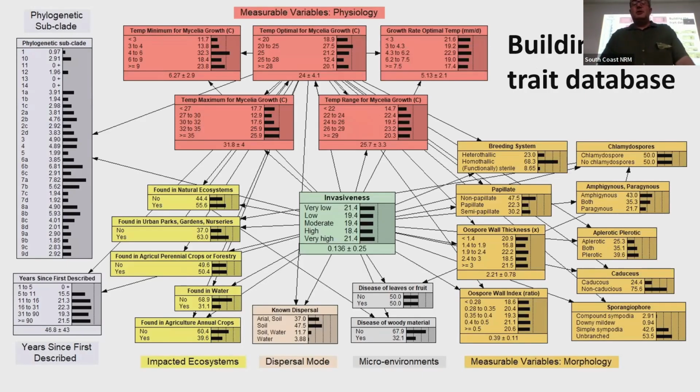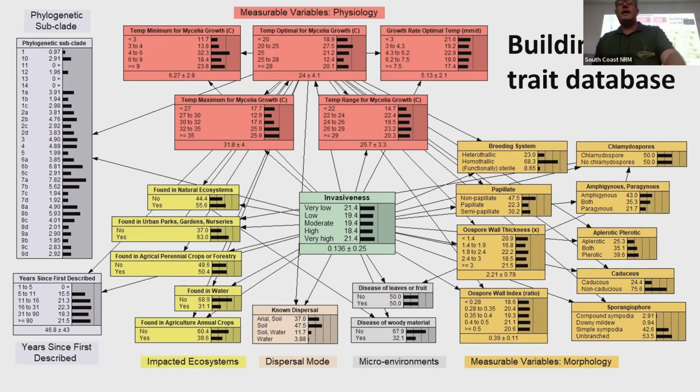And we produced this beautiful Bayesian network, which might not look like much, but this weird array of tables and figures, there's a hell of a lot of data and information behind this network that can be used for doing predictive analysis. And I think it's really exciting and really powerful once you get behind the nuts and bolts of it all. So you can see in the middle, we've got our wonderful invasiveness scores. So is it a very low, low, moderate, high, or very high invasive Phytophthora species?